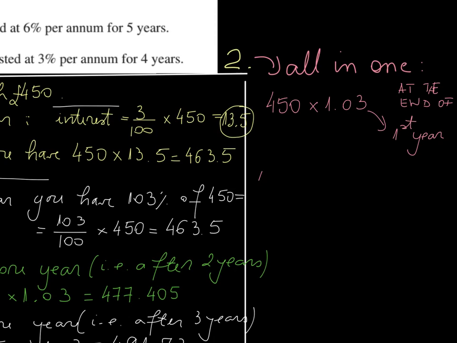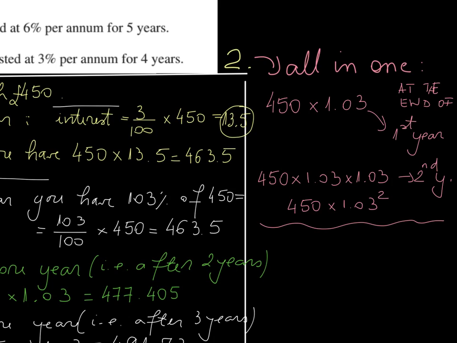Now after 1 more year, you multiply by 1.03 again. So at the end of the second year is 450 times 1.03 squared. At the end of the third year, 1 more year, 3 more percent is times 1.03, so you get 1.03 cubed.